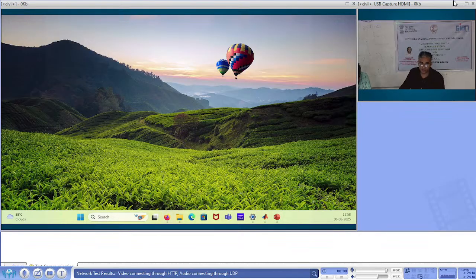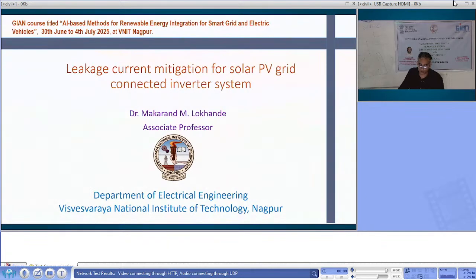Okay? The capacitor fails, and that's why the inverter also fails. So the element that goes through the most deterioration is the capacitor in the inverter. Okay. So that we'll also discuss, but let's discuss the leakage current mitigation first.